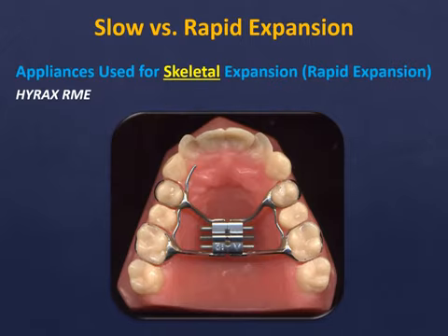Now, appliances used for skeletal expansion, or rapid expanders. The first one is the Hyrax rapid maxillary expander. These appliances are considered dentofacial orthopedic appliances, associated with heavy force and acting by splitting the mid-palatal suture and using the teeth to transmit the force to the palatal shelves in order to produce skeletal changes.